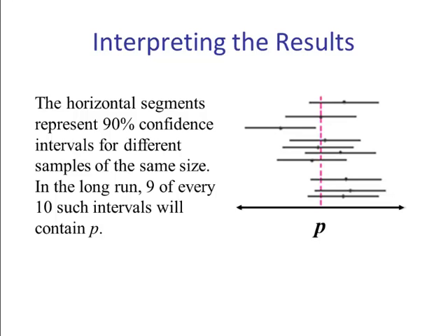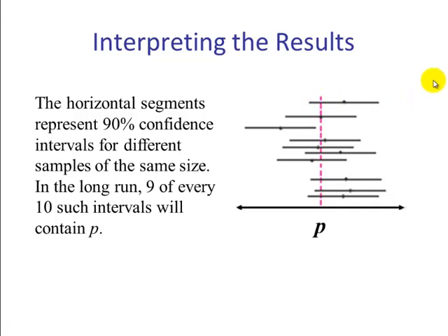The horizontal segments represent 90% confidence intervals for different samples of the same size. In the long run, 9 of every 10 such intervals will contain p. So that's why we call it a 90% confidence interval. So if we pick out an individual confidence interval, like this one, either it contains p or it does not.